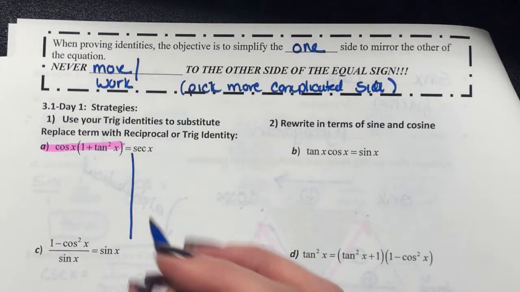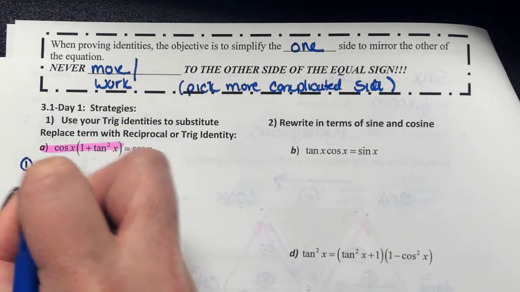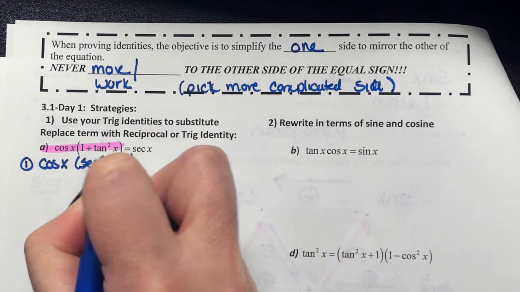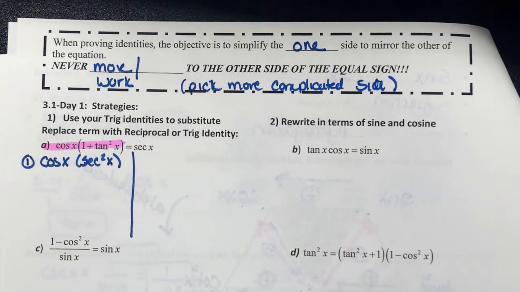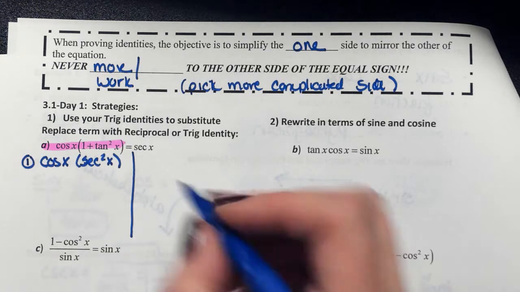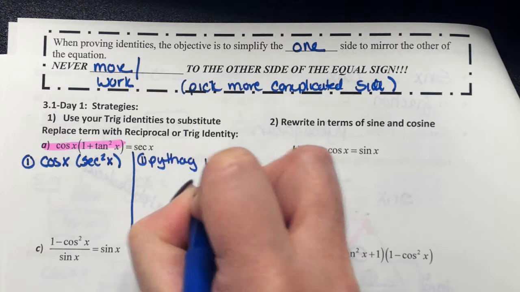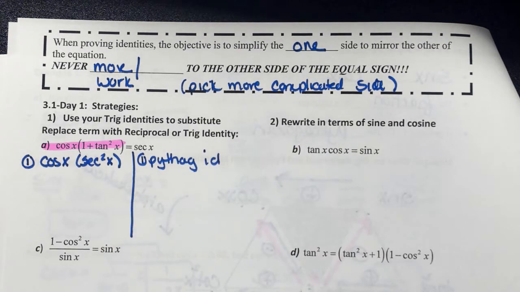So my first step is I'm going to rewrite this as cosine x times secant squared x. You must give me a justification. What rule or what theorem did I use? I used my Pythagorean identities. It's like a proof in geometry. I know it's your favorite, but you've got to give me a reason of what you did.